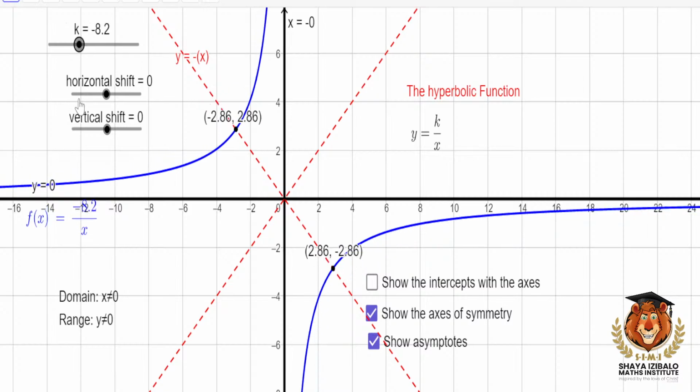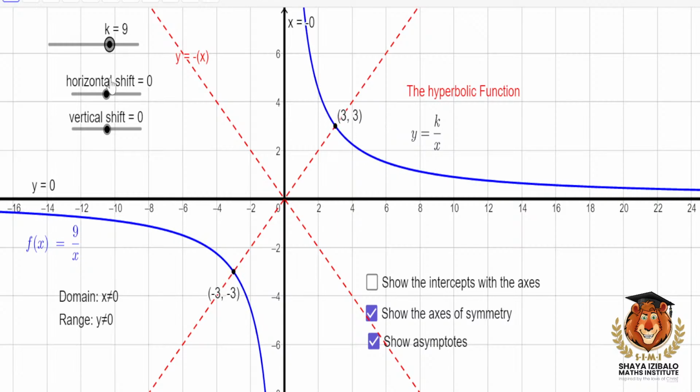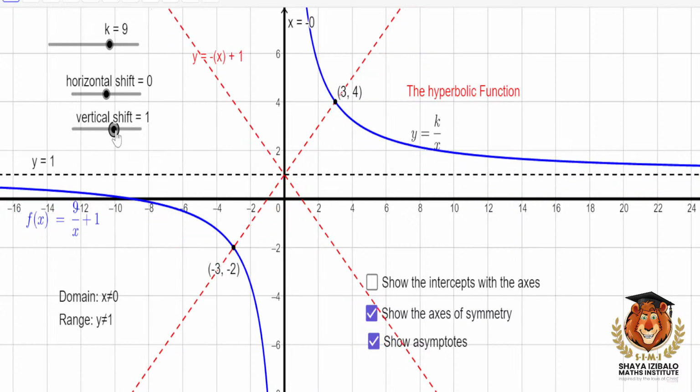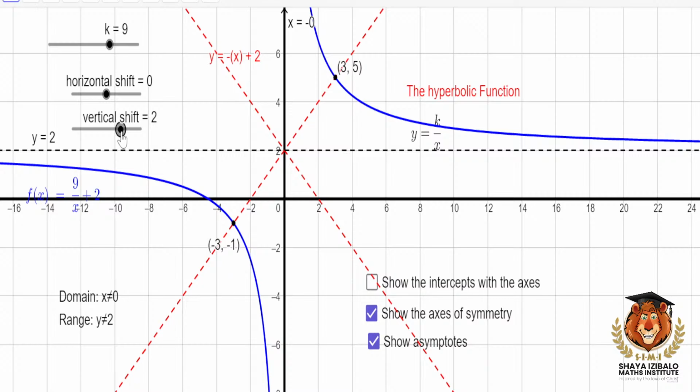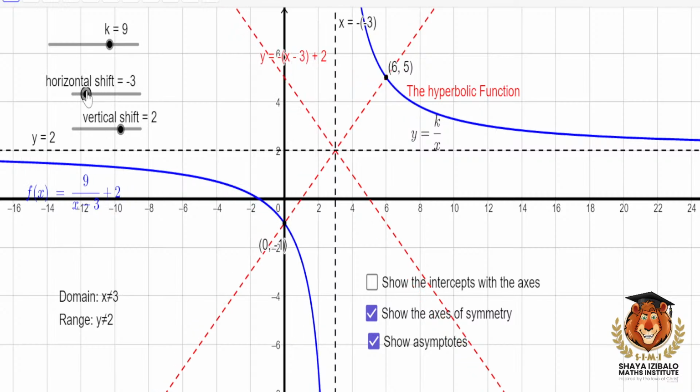Now, I'm going to make this back to a nice reasonable number like 9, so we can just see what's happening. Now I want you to see what happens if we shift the graph upwards. I'm also going to shift it 3 to the right.